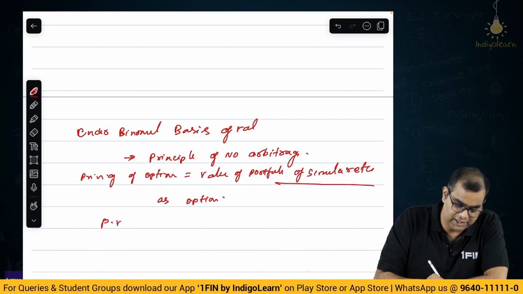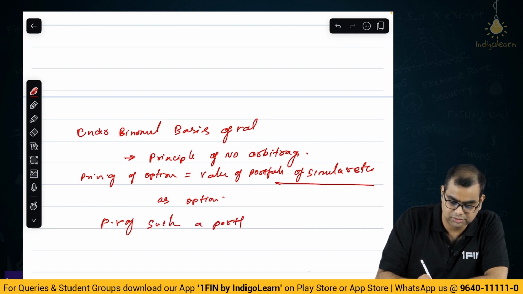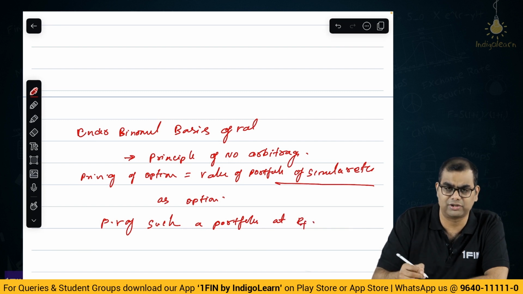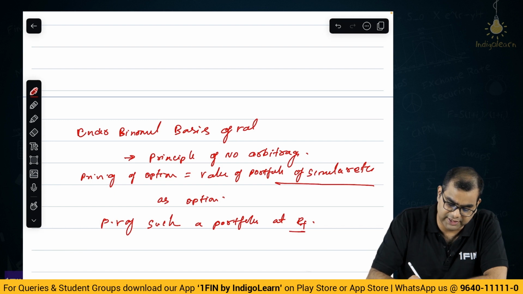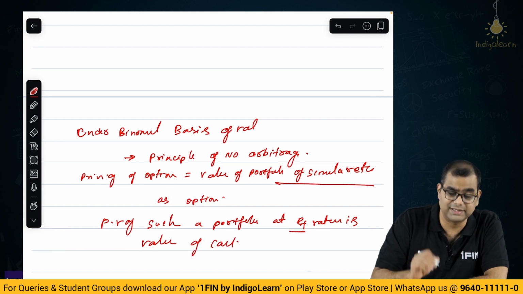So, present value of such a portfolio at risk-free rate or whatever rate, because I will show you again why I am saying risk-free rate or any rate, at risk-free rate is value of call. Okay, this is the basis.